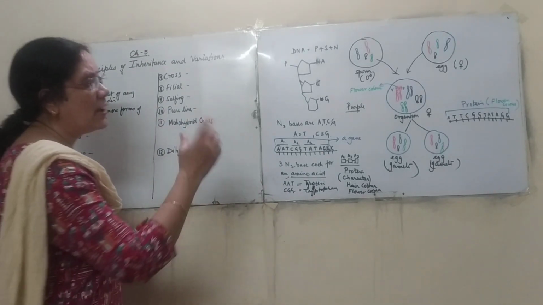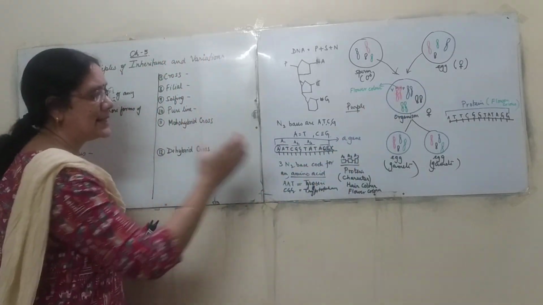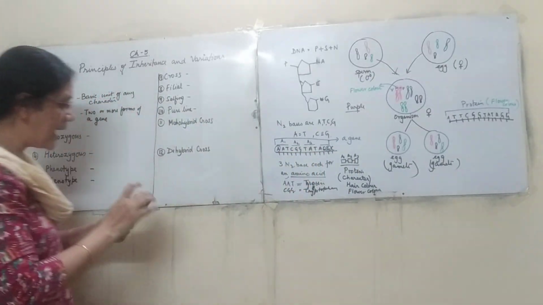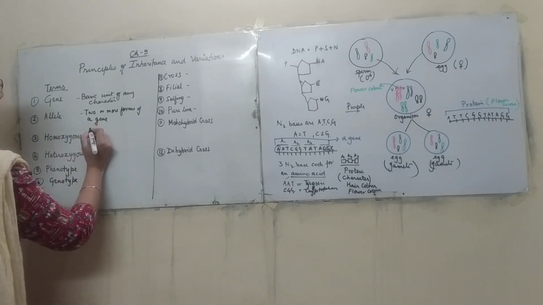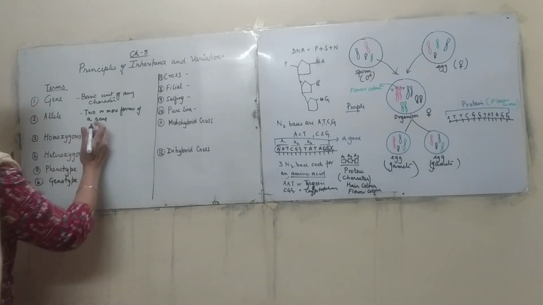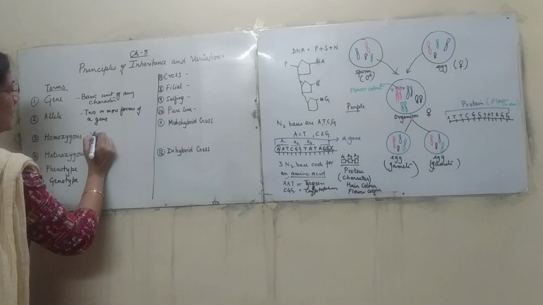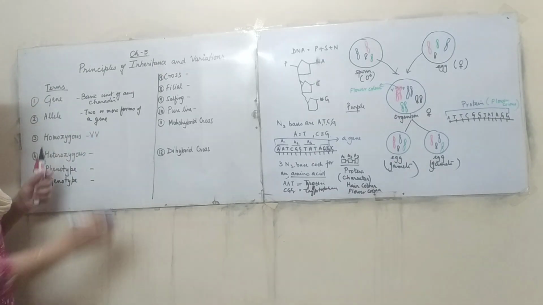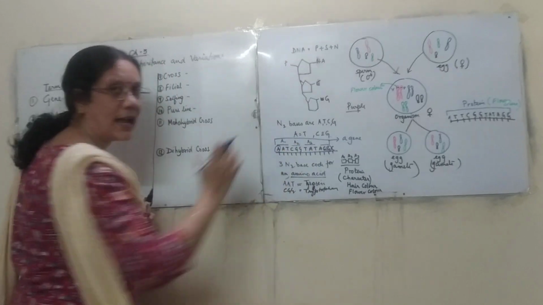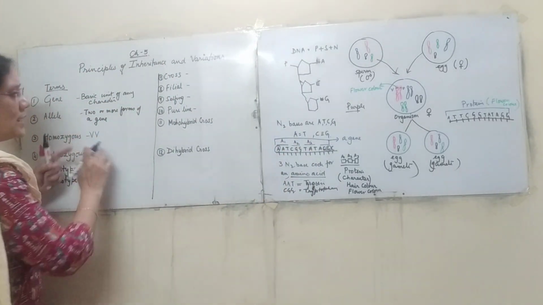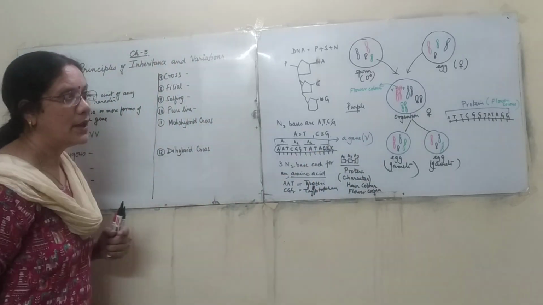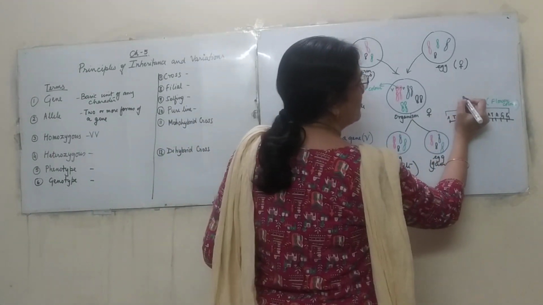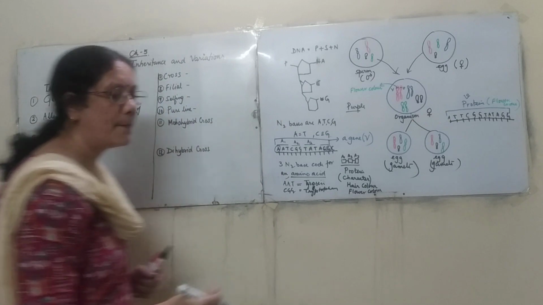Now coming to the homozygous condition. If both the chromosomes had the same protein, then we would write it as, let's take, capital V, capital V. Instead of writing this entire line, we just represent it by the letter V, and here by the letter small v.